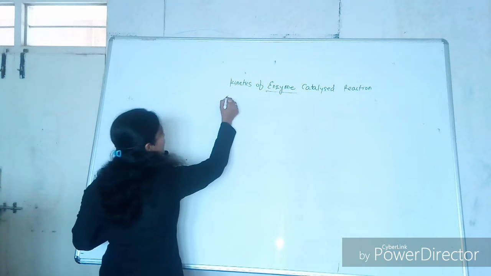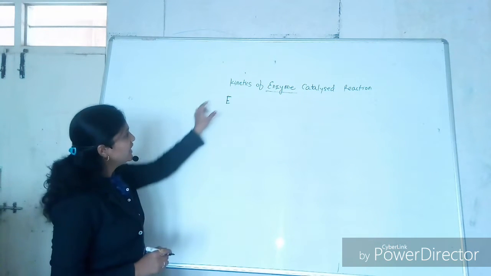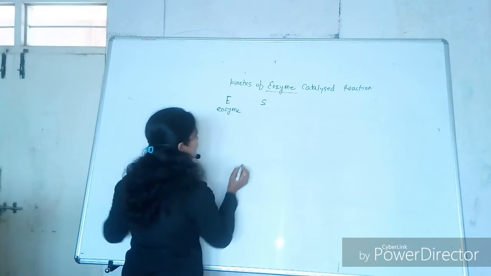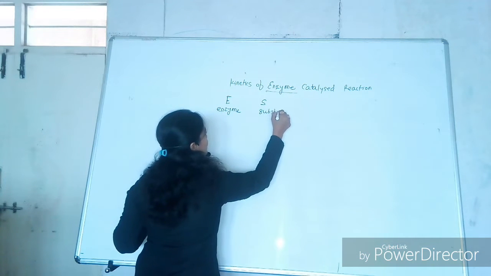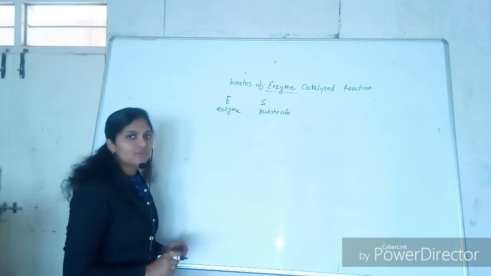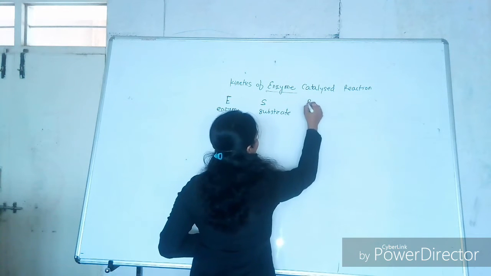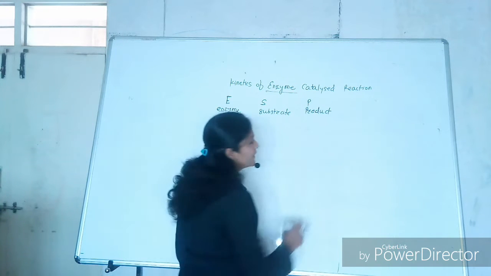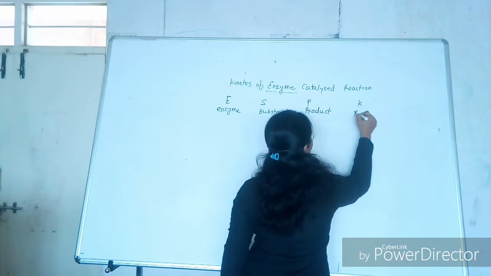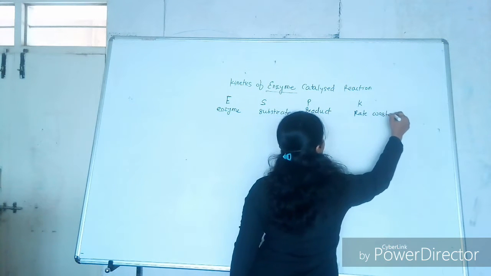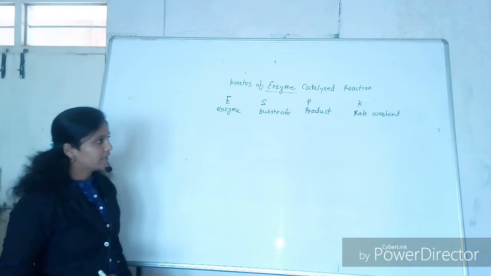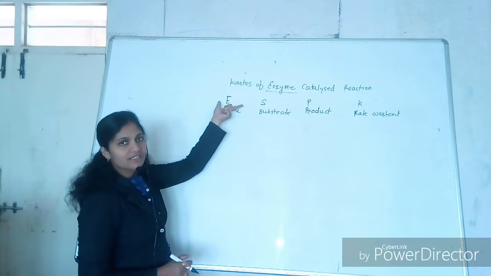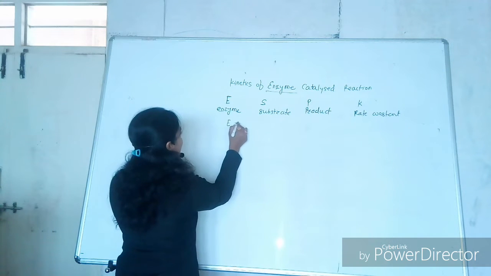For that purpose, we will use abbreviations: E for enzyme, S for substrate, P for product, and K for rate constant during the reaction.